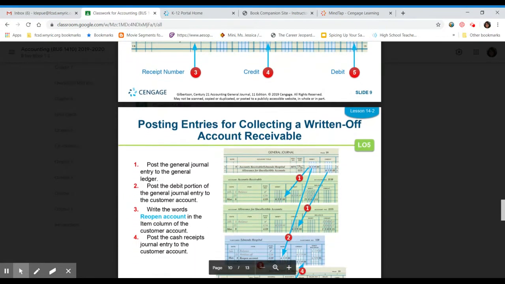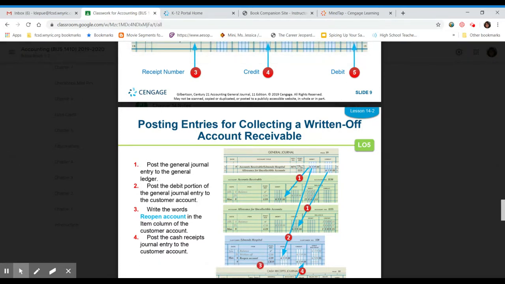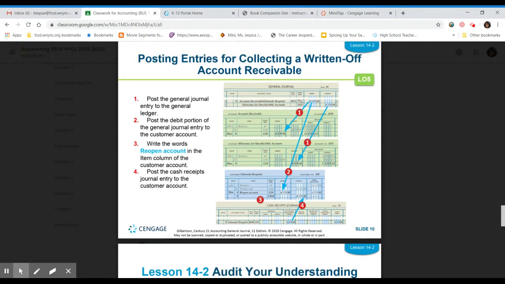Once we post this, there's a lot of things we have to post. So we post the general journal, all of the lines there. And then we also post from the cash receipts journal. So previously we had written off that account. You can kind of see that shaded in gray. Well, now we have to write in the reopened the account.